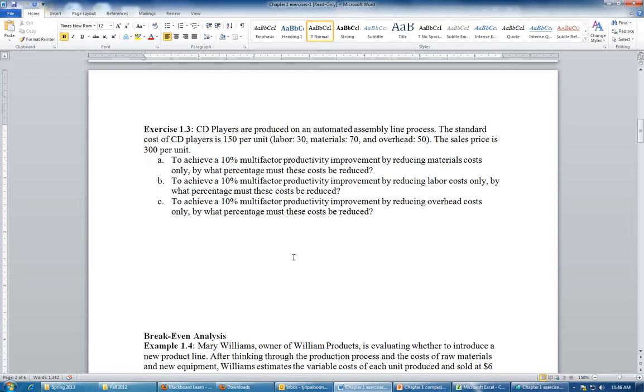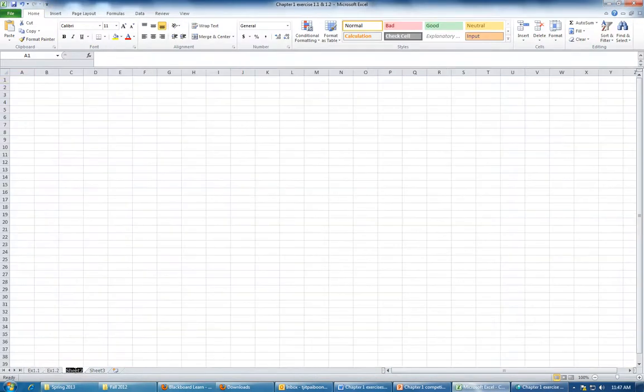However, I will show you only part A, and students may complete parts B and C. Part A says: to achieve a 10% multi-factor productivity improvement by reducing materials cost only, by what percentage must these costs be reduced?